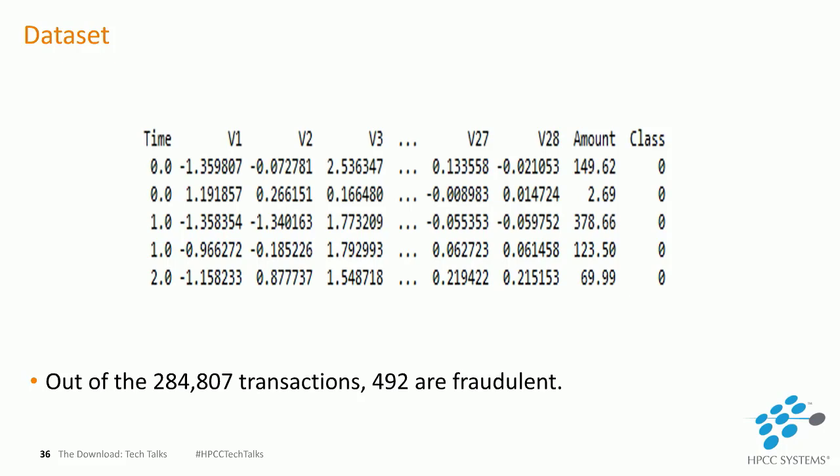For those of you who don't know what PCA is, I'll give you a brief introduction in an upcoming slide, so please bear with me. Then we also have the class field, which is basically the Y vector. The 0 represents a non-fraudulent or legitimate transaction, whereas the 1 indicates that it's fraudulent.